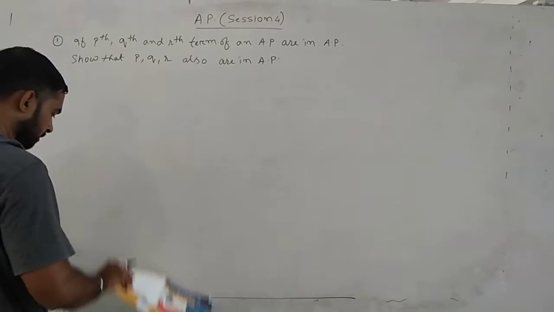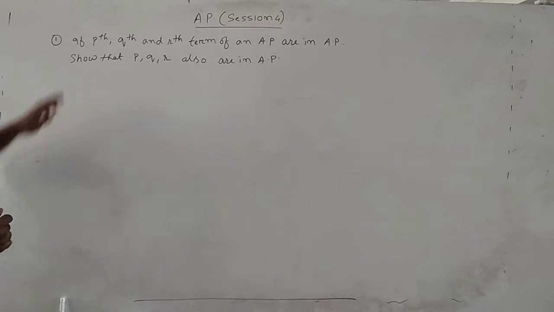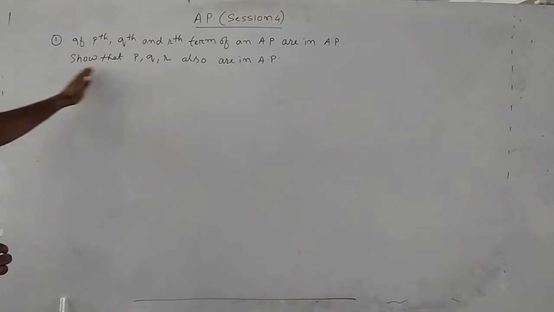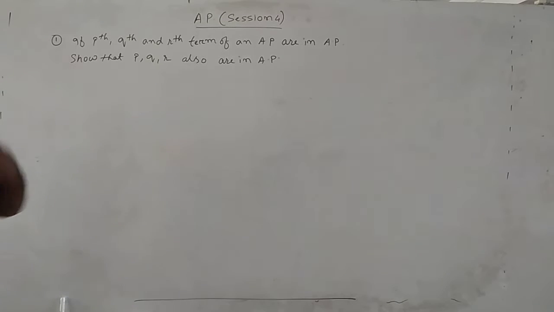So this is the question. If the Pth, Qth and Rth terms of an AP are in AP, show that P, Q, R are in AP.